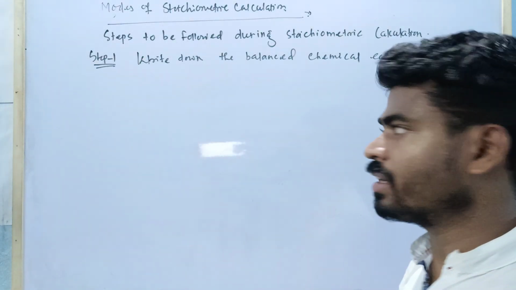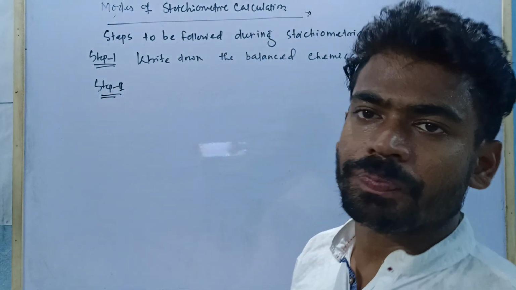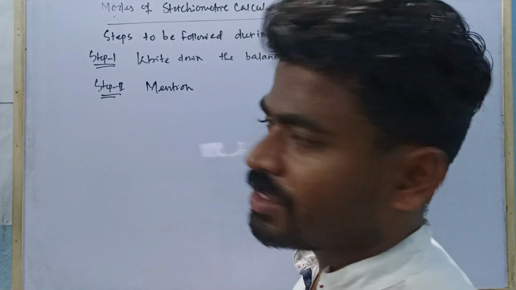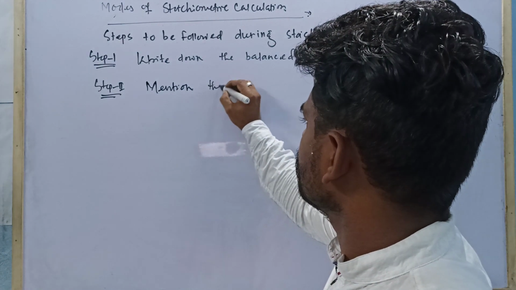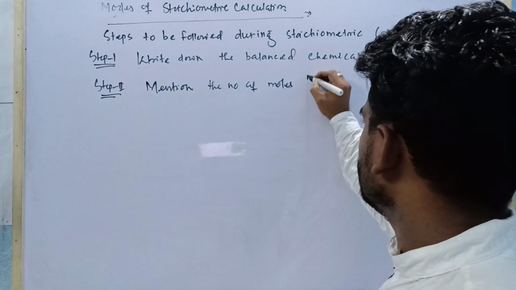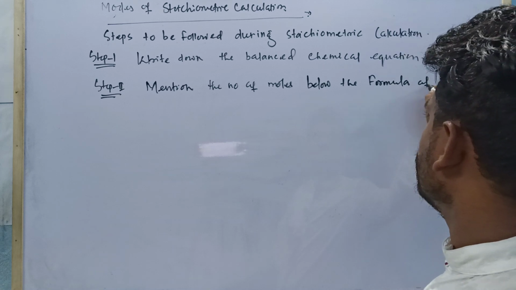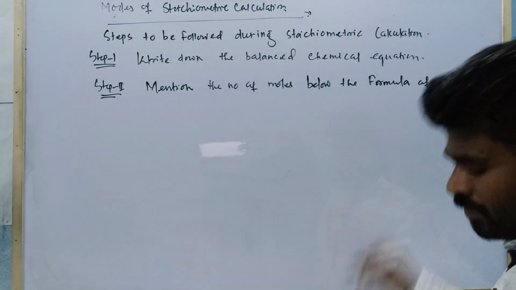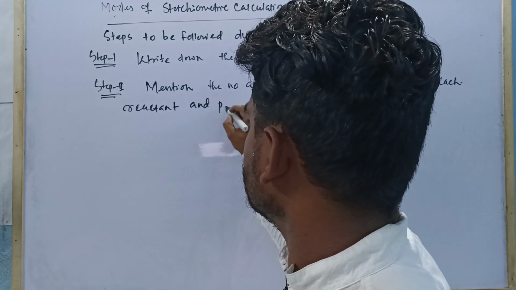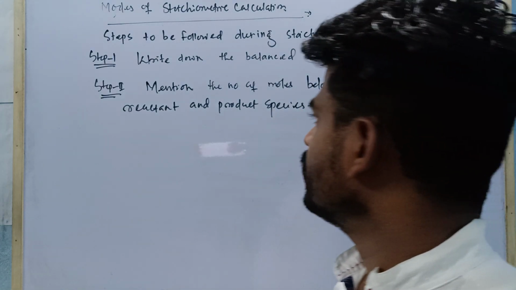First write down the balanced chemical equation. Step 2, mention the number of moles below the formula of each reactant and product species. Clear?